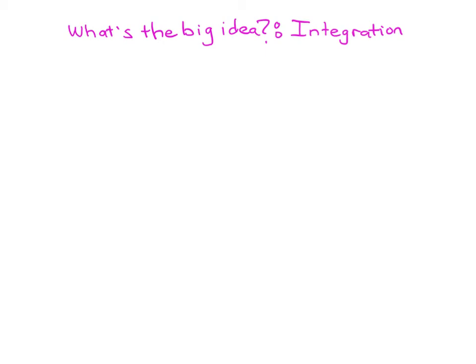We've previously talked about the ideas related to differential calculus. So, for example, in a previous episode of What's the Big Idea, we talked about the way we could define the instantaneous velocity of an object as just the derivative of how the position of the object is changing with respect to time.